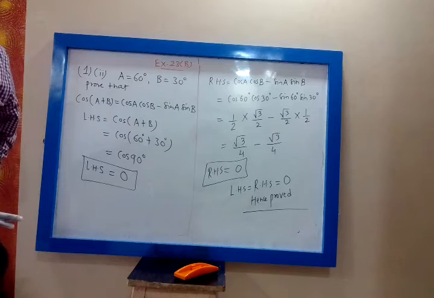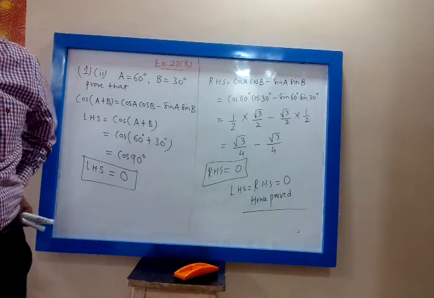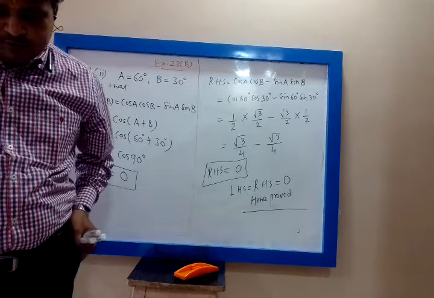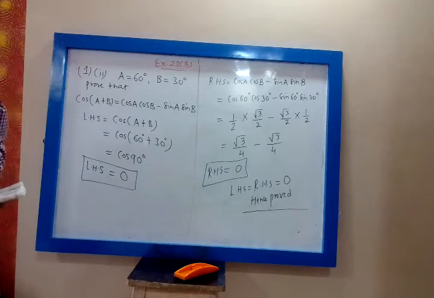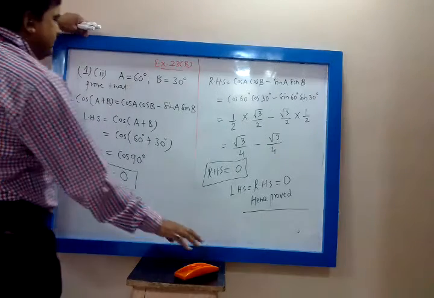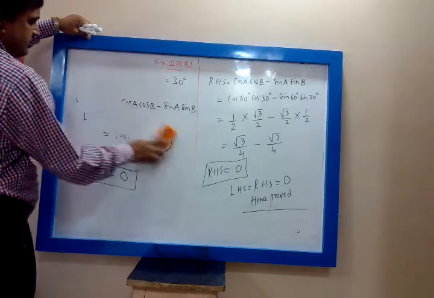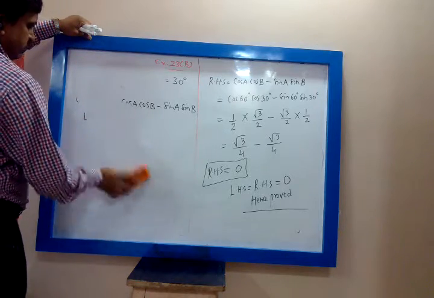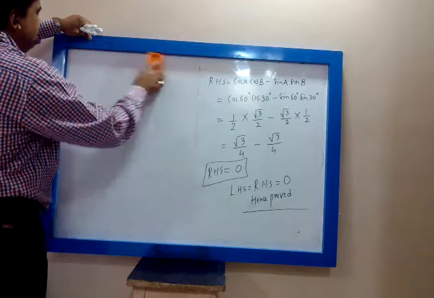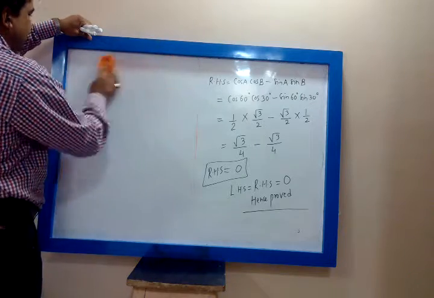Let me do the second one. There are 3 parts to show in the second. So remaining, the fourth one is homework. In the second question there are 3 parts to prove.